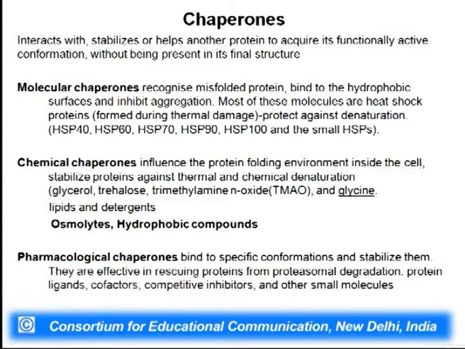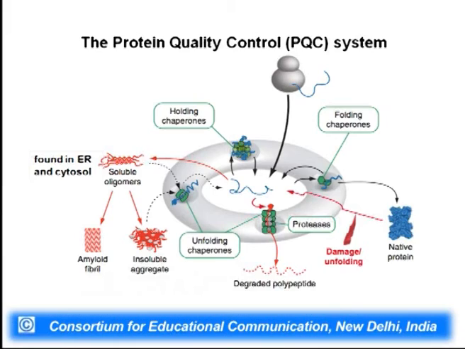Many times they can prevent degradation, and they can be proteins, ligands and cofactors or competitive inhibitors, and they bind to specific conformations and stabilize native conformations and prevent misfolded proteins from aggregating. So, this was a reprise on the chaperones.